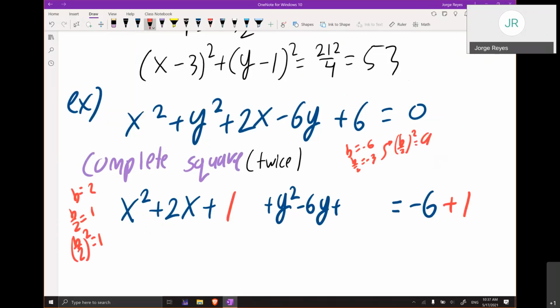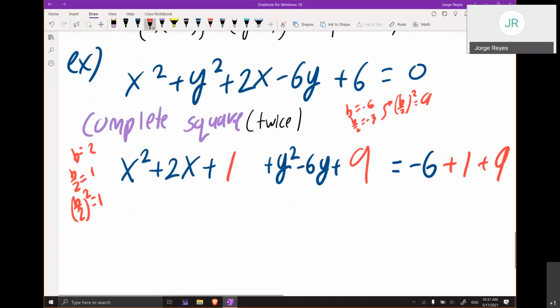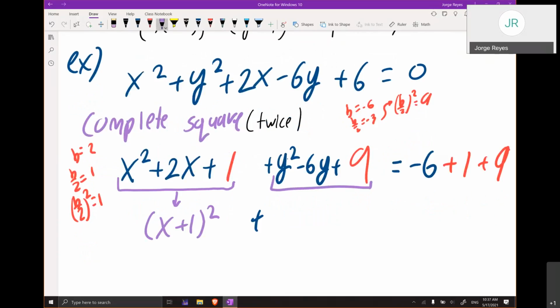So I'm going to add 9 to both sides. Then this, once you complete the square, becomes this. This one, completed, becomes this. And this you just add. So 9 minus 6 is 3, plus 1, 4.